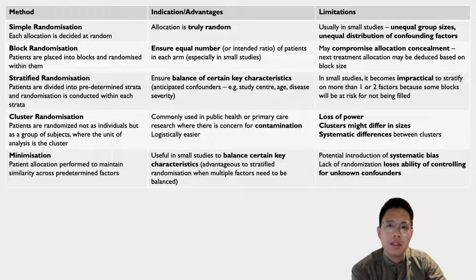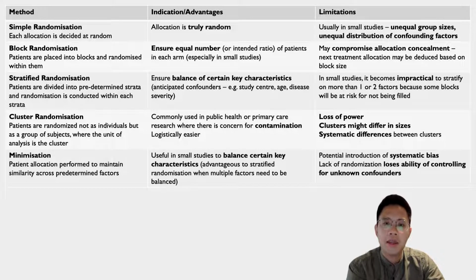And finally, minimization, which is a form of adaptive randomization, is a process where patient allocation is performed to maintain similarity across predetermined factors. The assignment of the next patient takes into account the baseline characteristics of the already assigned patients, and the assignment of the next subject will then aim to minimize the characteristic differences across the various groups involved.